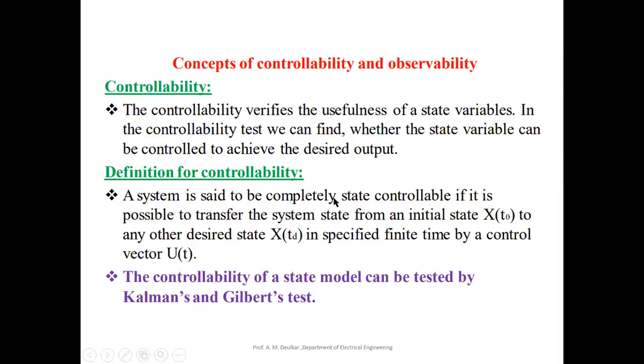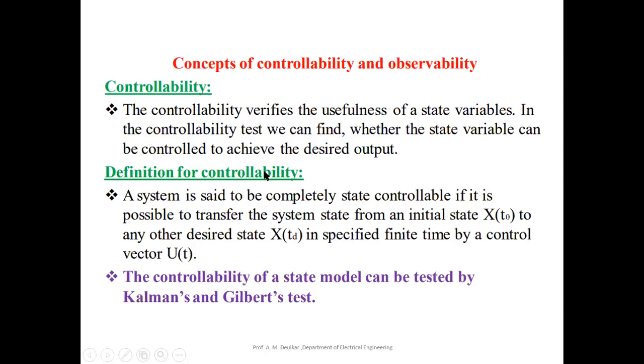A system is said to be completely state controllable if it is possible to transfer the system state from an initial state x of t0 to any desired or final state x of tf in a specified finite time by a control vector u of t, that is the input vector.